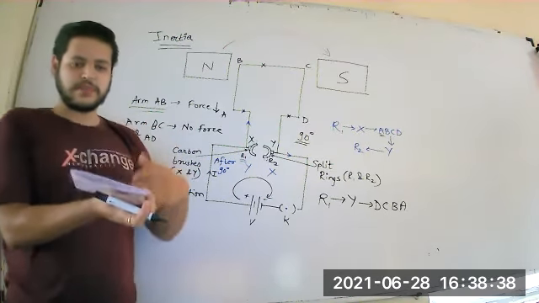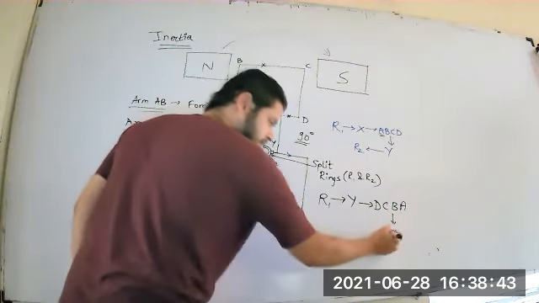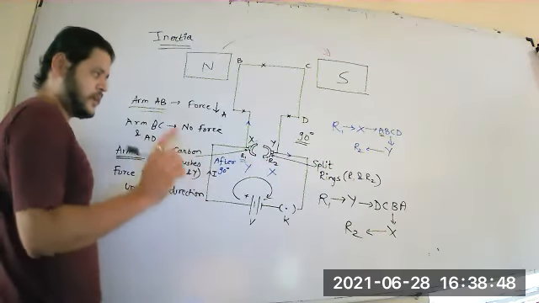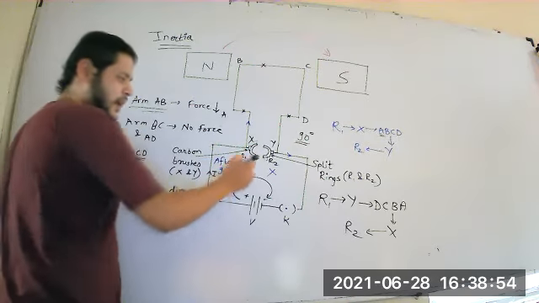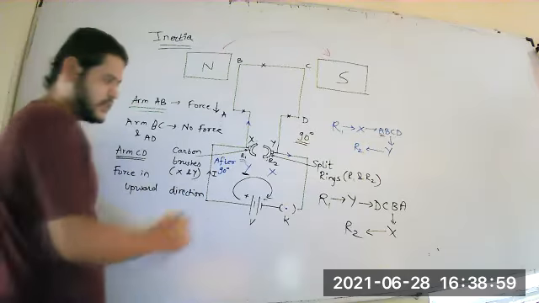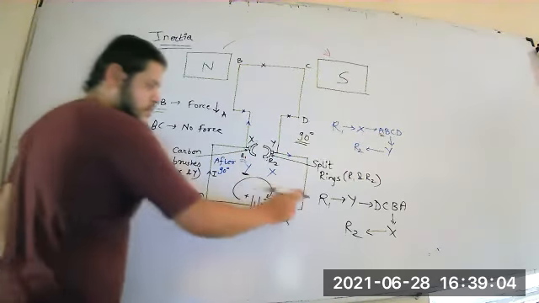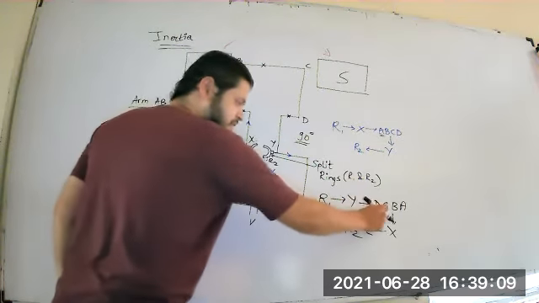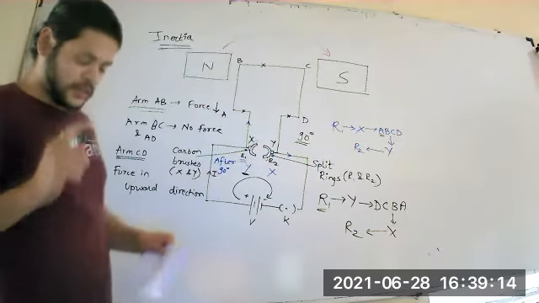So CDBA, then it will go to the brush X and will come out from the ring R2. This is very important, please understand this. I'll repeat: after 90 degrees, the brush Y comes in contact with ring R1 and the brush X comes in contact with ring R2, so the path of current becomes R1, Y, DCBA, X, R2.